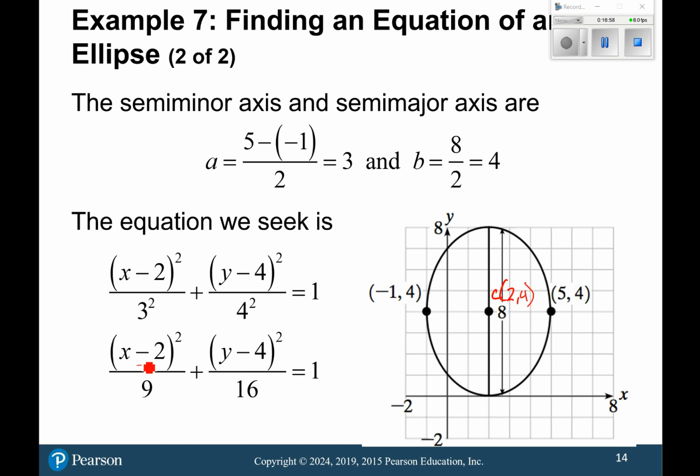Remember to change the signs. I think they missed a wonderful opportunity here to force you into finding where the foci are located with the 3, 4, 5 right triangle, but that's all right.